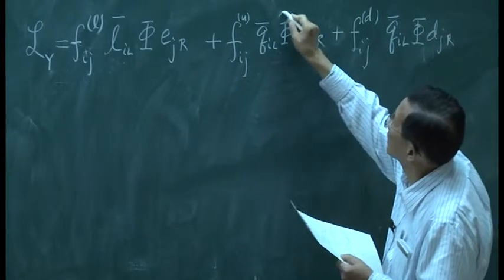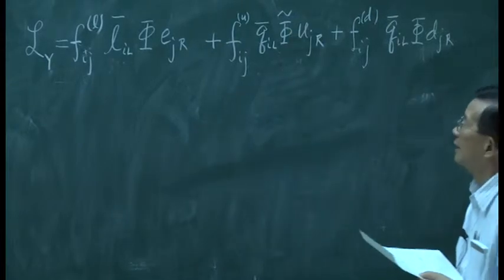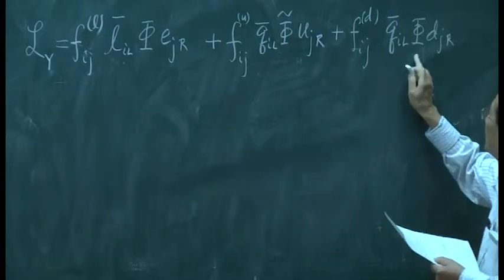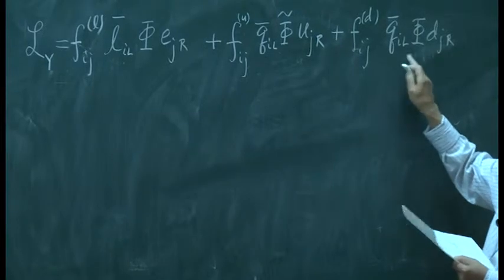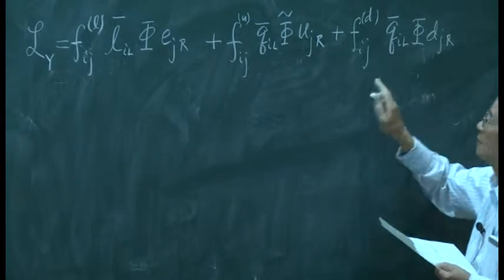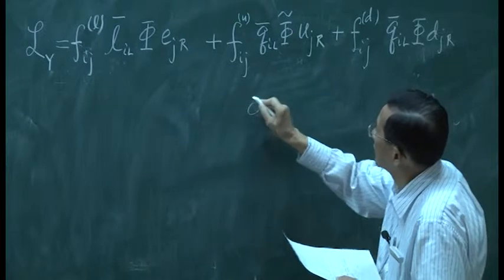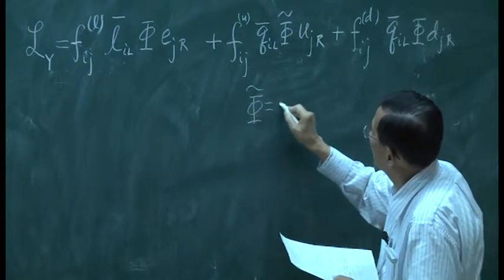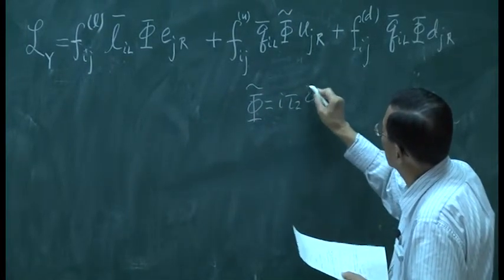It's here that I call it phi twiddle. This is the usual isospin doublet forming a scalar. But here, phi twiddle is equal to i times sigma 2 phi-star.